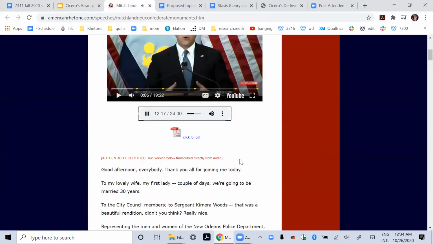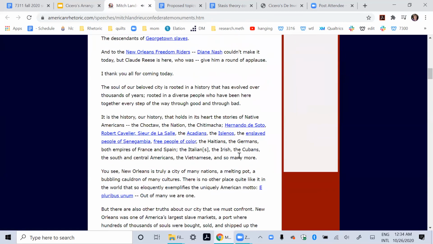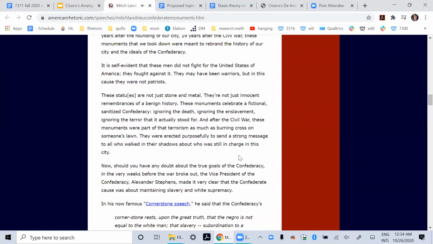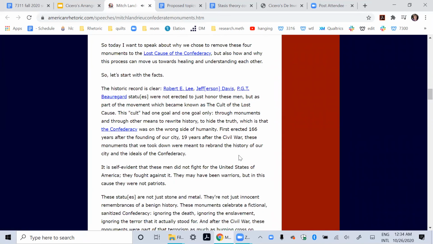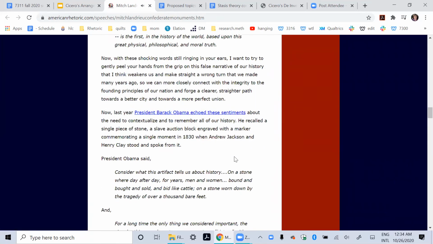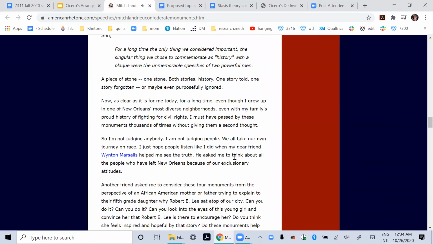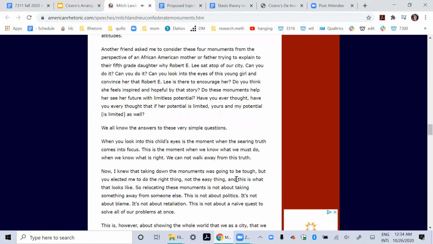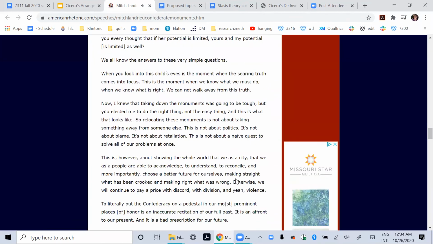On these monuments was going to be tough, but you elected me to do the right thing, not the easy thing. And this is what that looks like. So relocating these monuments is not about taking something away from someone else. This is not about politics. It's not about blame. It's not about retaliation. This is not about a naive quest to solve all of our problems at once.